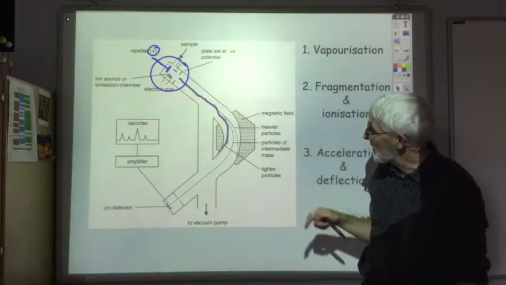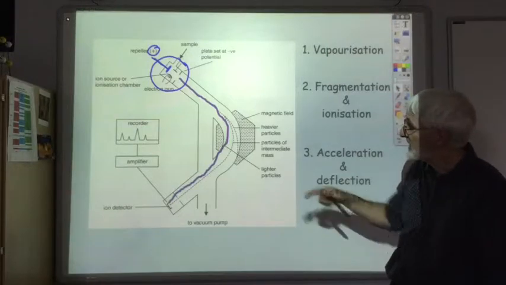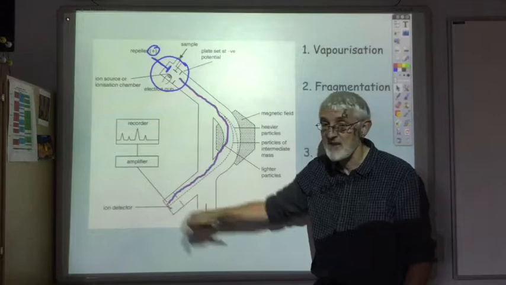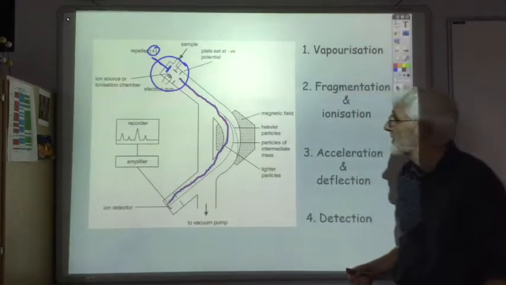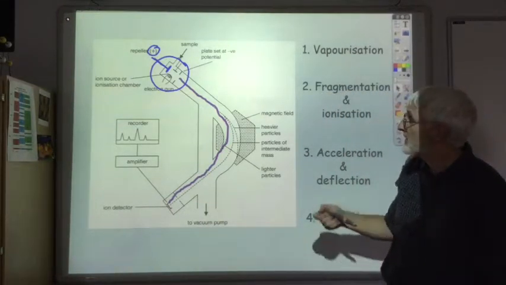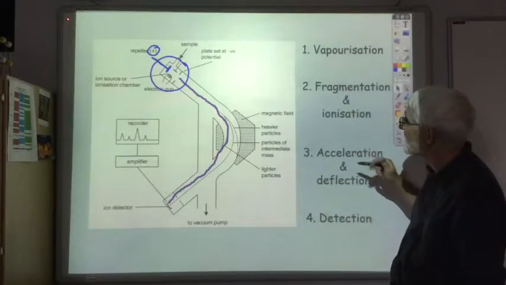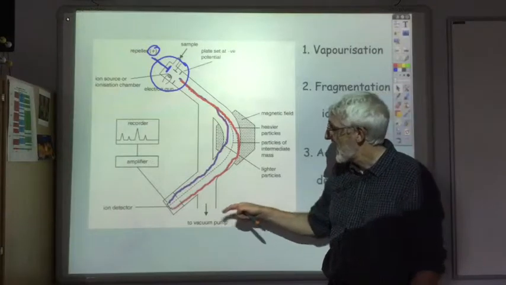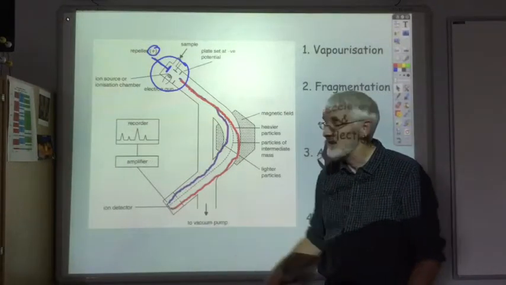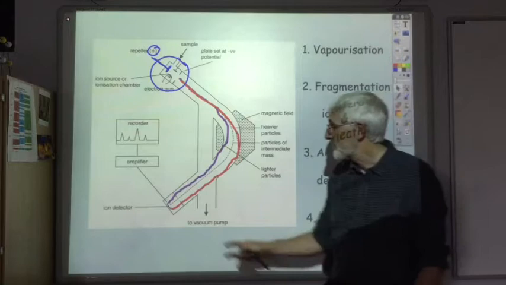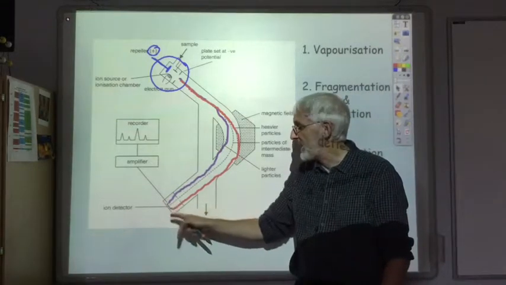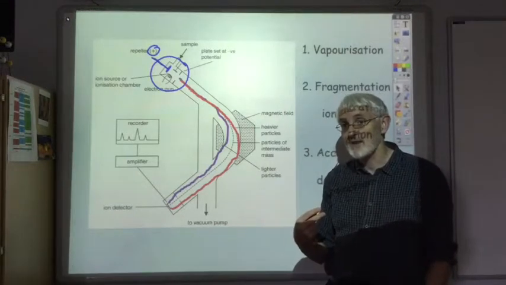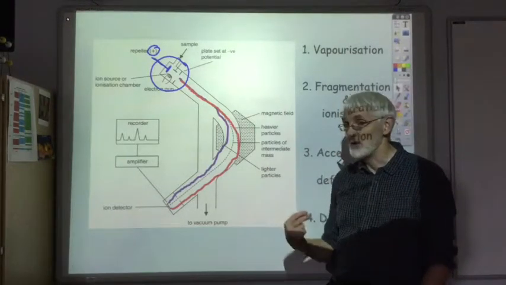So it gets bent a lot by a magnetic field, it gets deflected a lot, so it's quite a sharp curve, and it gets detected at the left hand side of the detector. A heavier particle which comes out, however, here it comes, gets deflected less, and it ends up being detected at this end of the detector. So by carefully calibrating this detector, you can actually get a measure of the mass of the fragment that's been deflected by a measure of how much it's been deflected.